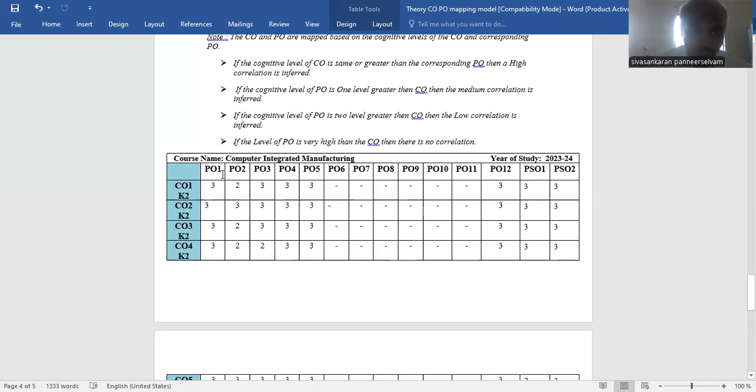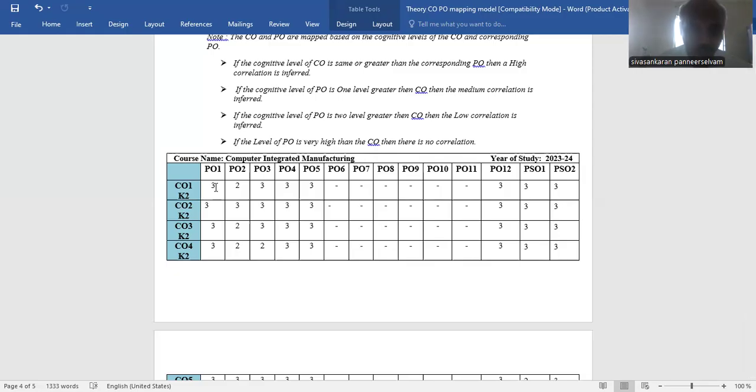The program outcome PO1 tells about basic applied engineering knowledge. So yes, it is absolutely proven here. Both CO1 and PO1 are mutually highly correlated, so the maximum score value of 3 is given.